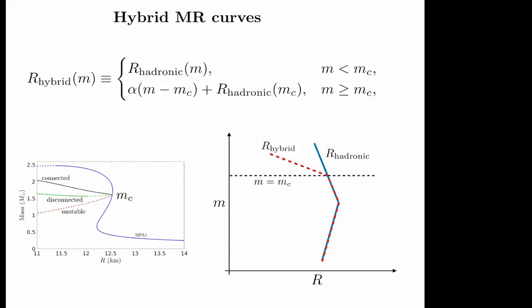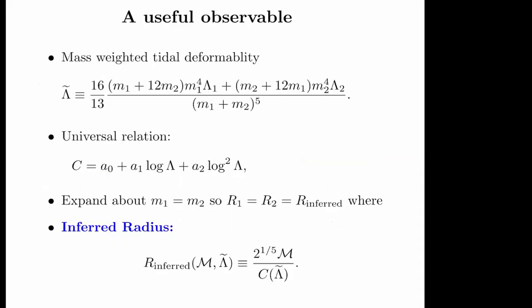So a useful observable to employ here is of course not lambda tilde, but some function of lambda tilde. Here's the expression for lambda tilde I wrote down earlier. And here's this relationship that I told you earlier as well between the compactness and lambda, which is universal.